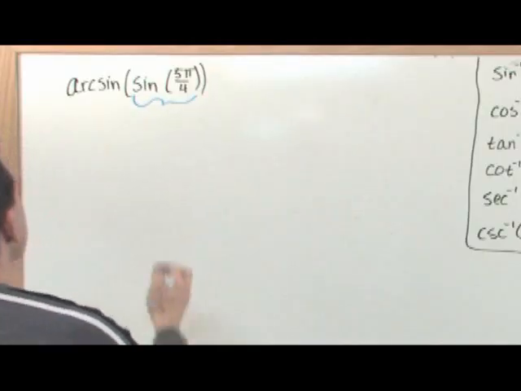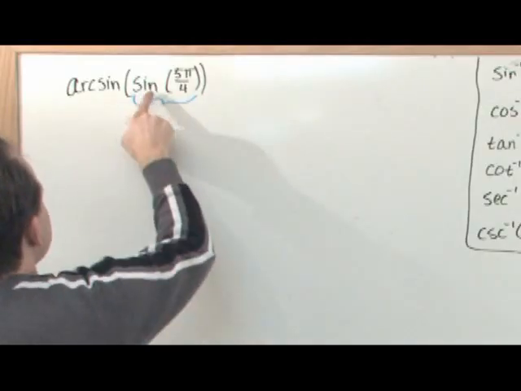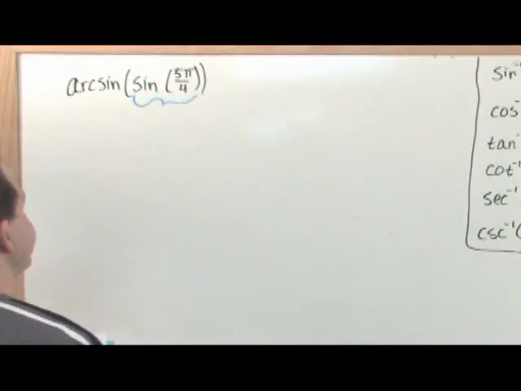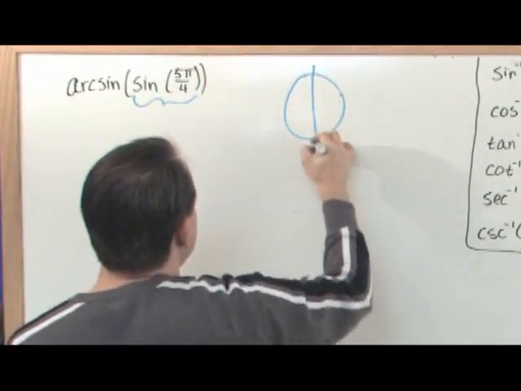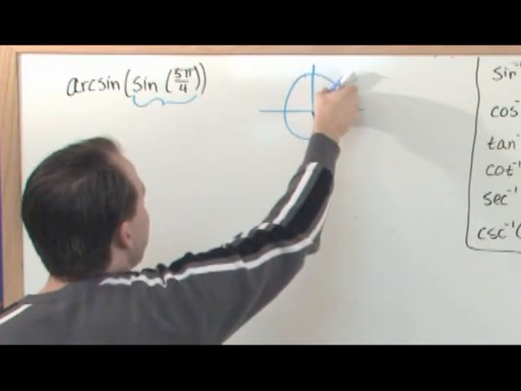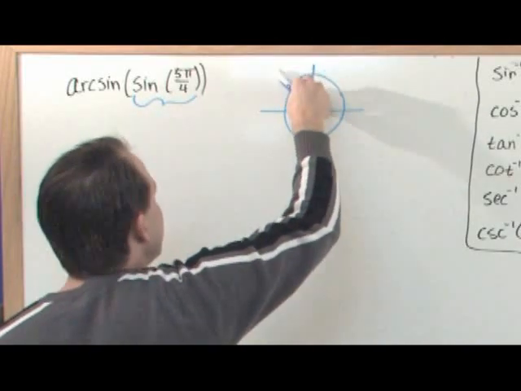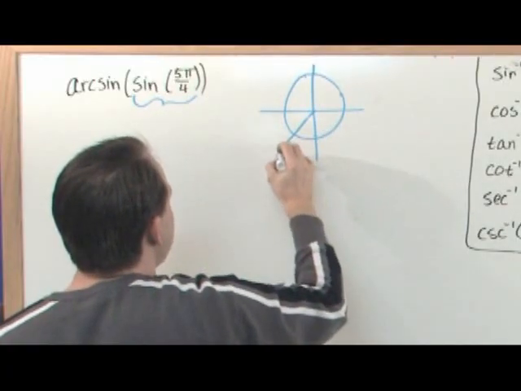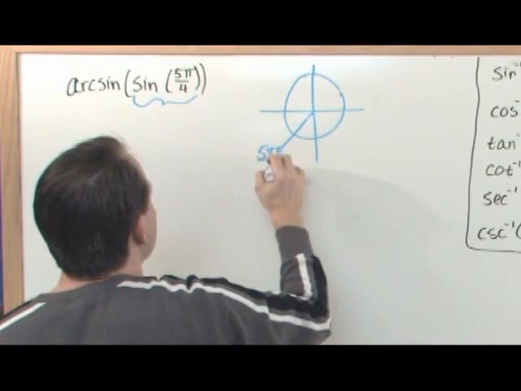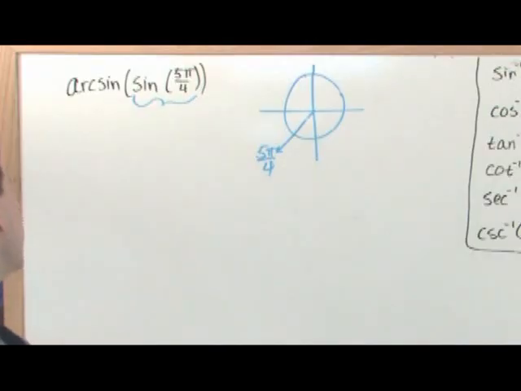Okay, so what this is saying, what is the sine of 5 pi over 4? If you look at your unit circle, this is not an inverse sine. This is just a sine. This is pi over 4, 2 pi over 4, 3 pi over 4, 4 pi over 4, 5 pi over 4. So this is actually 5 pi over 4 right here, down there. Okay, so what would the sine of that be?